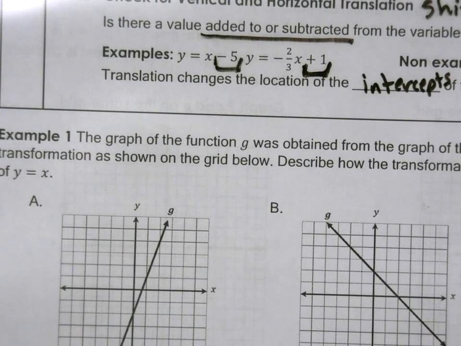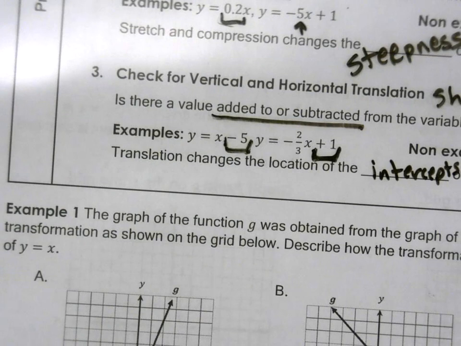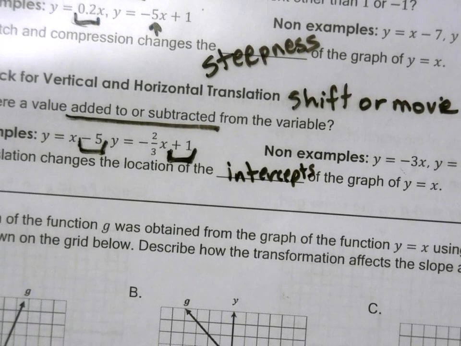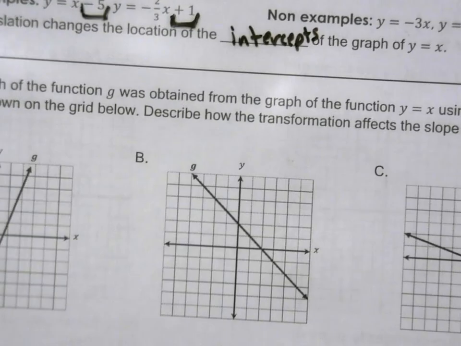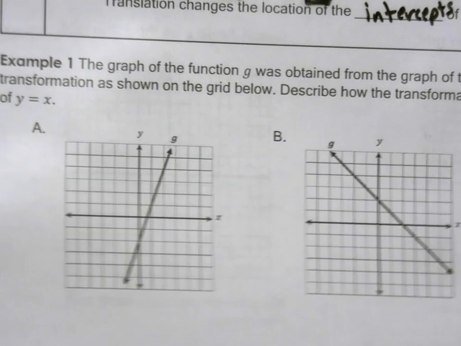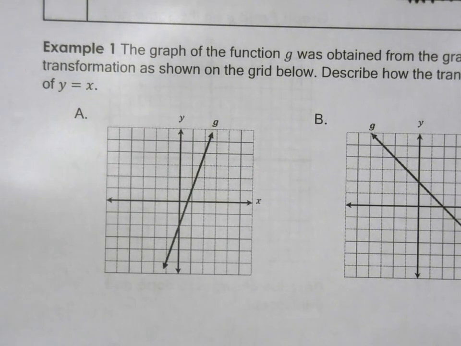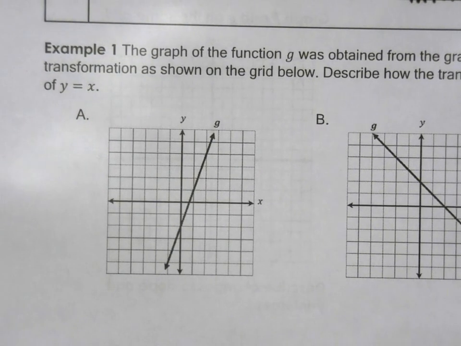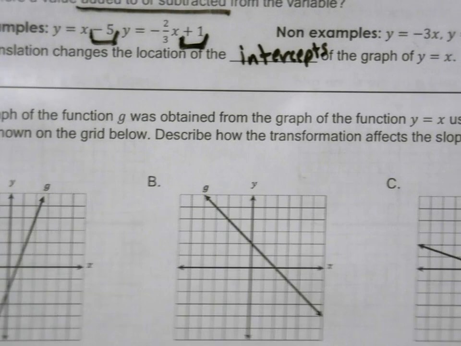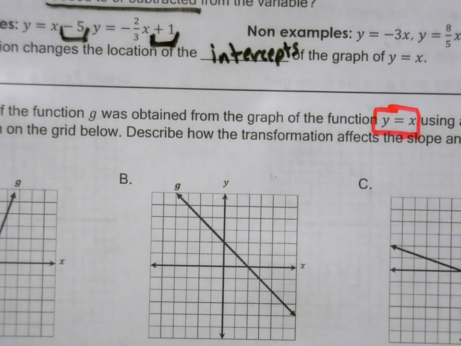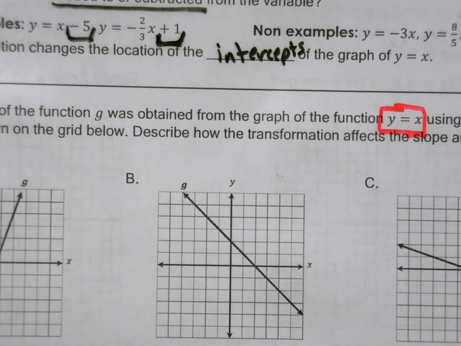So in this next set of examples here, does everybody have all that information? It says, the graph of the function g was obtained from the graph of the function y equals x. That's our parent function, right?